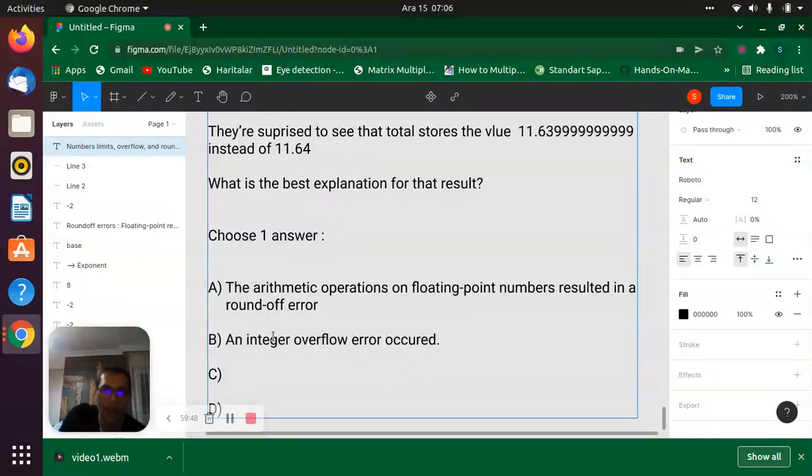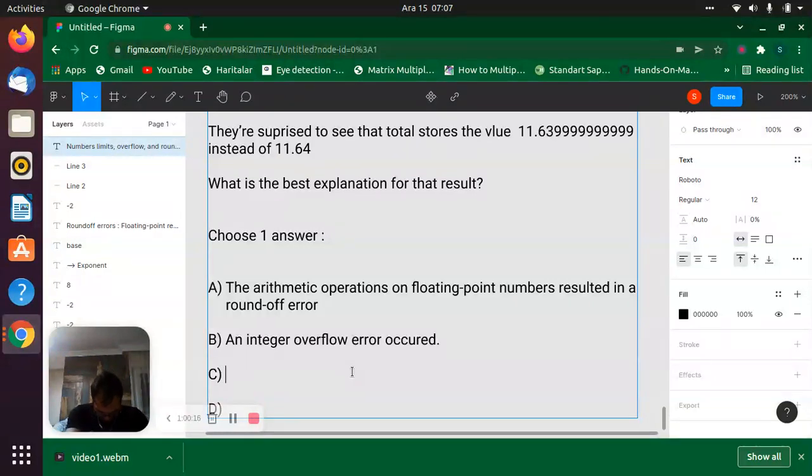So it's all about round of error because we want 11.64. There is a number coming lots of this way. I told you about representation. We have some differentiation there. So it's not about overflow, okay? This is not about integer, okay?